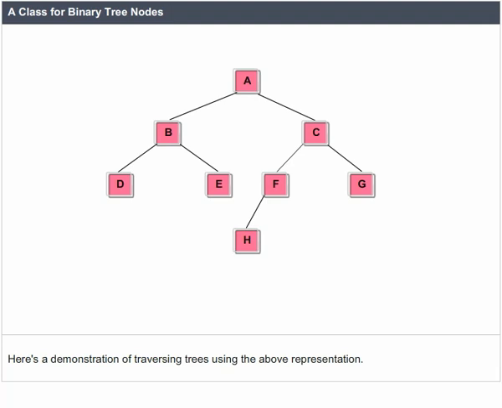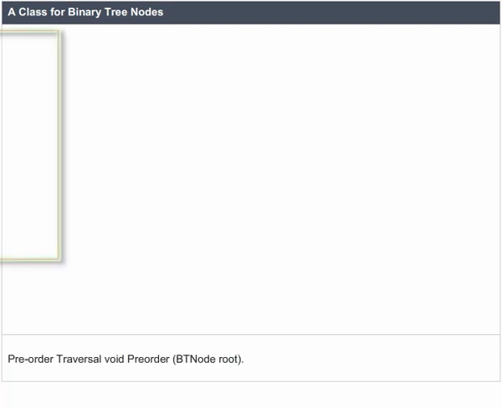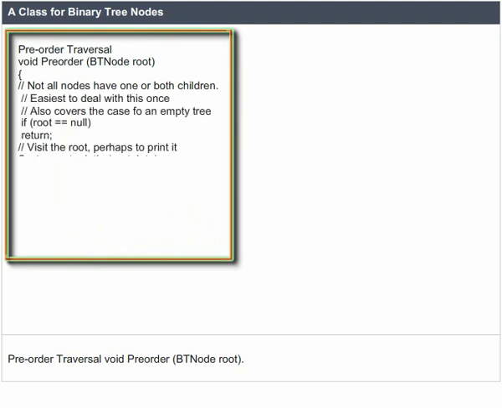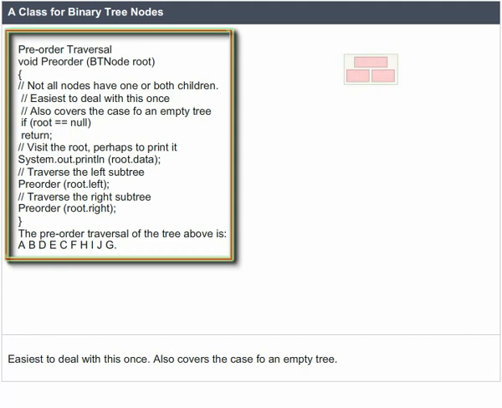Pre-order traversal, in-order traversal, post-order traversal. Pre-order traversal: void preorder(BTNode root). Not all nodes have one or both children. Easiest to deal with this one; it also covers the case for an empty tree. Visit the root, perhaps to print it: System.out.println(root.data).